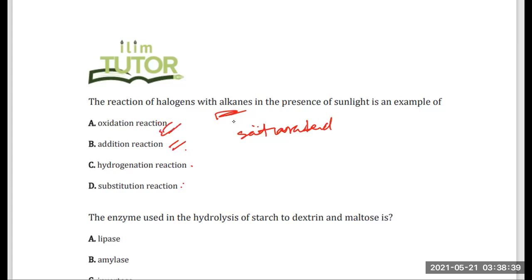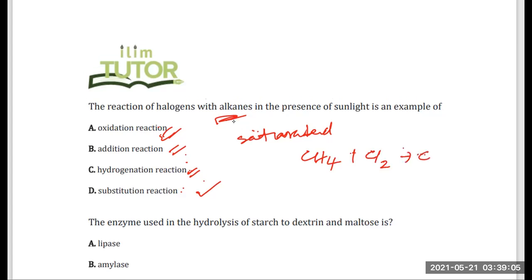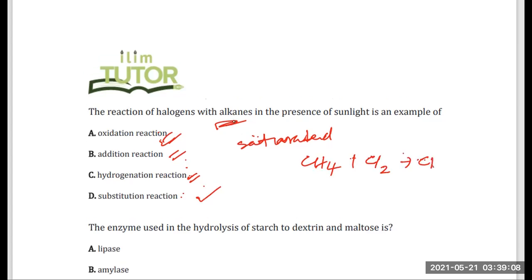Hydrogenation is also an addition reaction. So definitely the reaction that a saturated hydrocarbon undergoes is substitution reaction, where if I have something like this plus chlorine in the presence of sunlight, one of the hydrogens is substituted, and I have HCl.